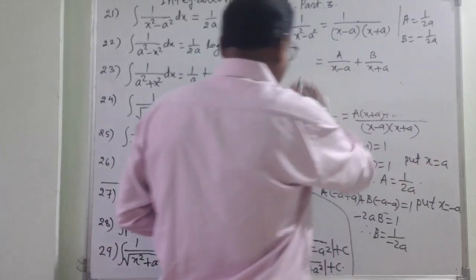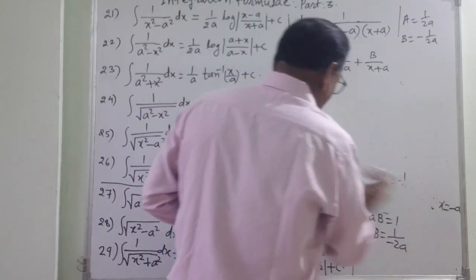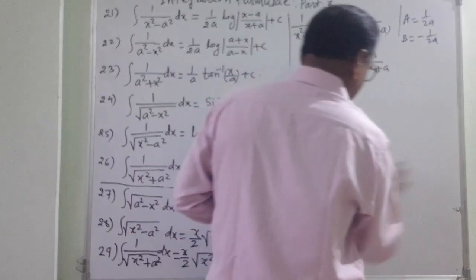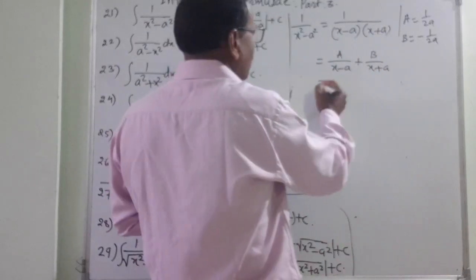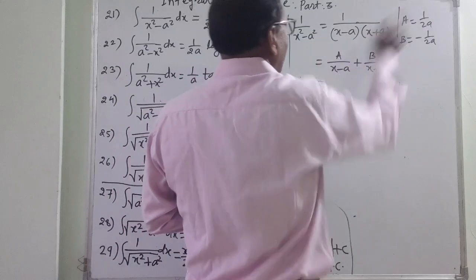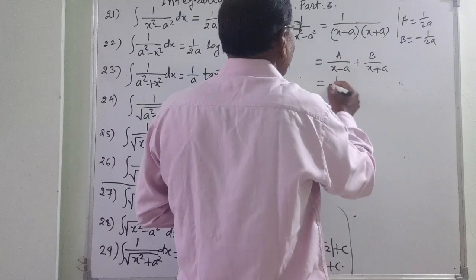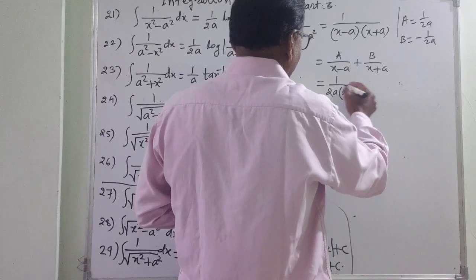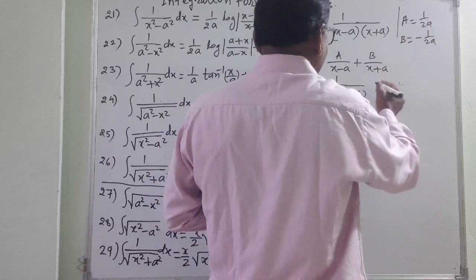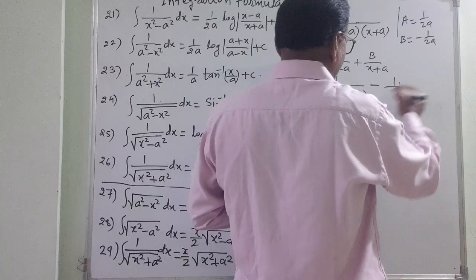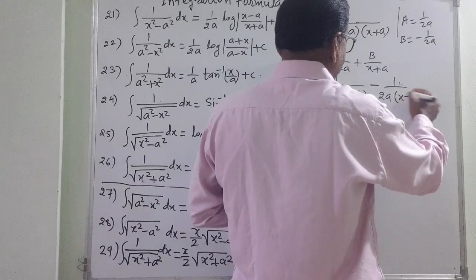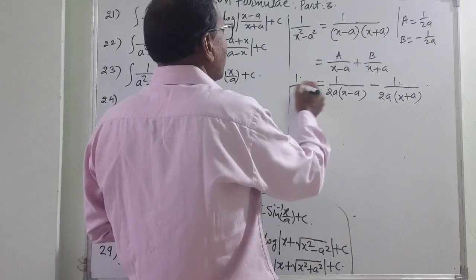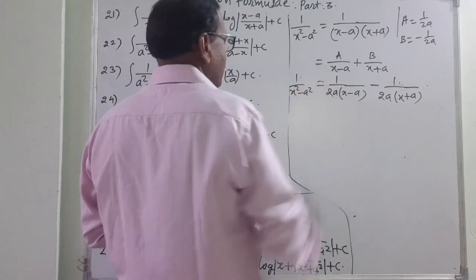Now I will rub this and put these values over here. 1 upon x square minus a square is equal to 1 upon 2a into (x minus a), minus 1 upon 2a into (x plus a).